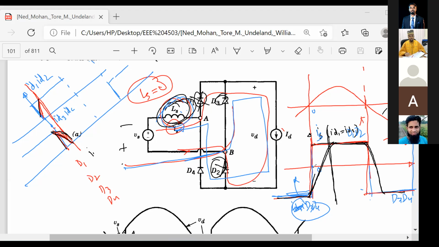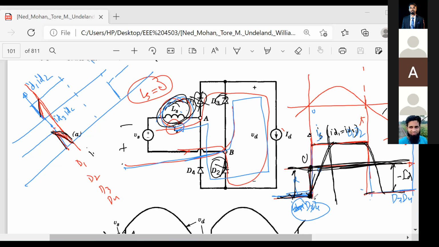Now, so the current at omega t equal to 0 was what? What is the current at omega t equal to 0? If I consider here, 0. This is the IS current. This is your 0 axis. What is this current? Minus ID.